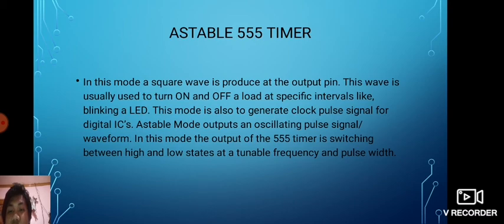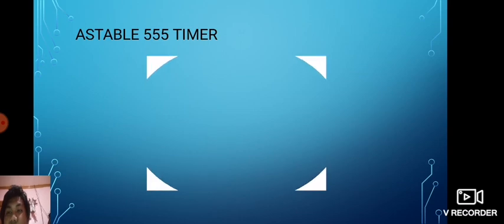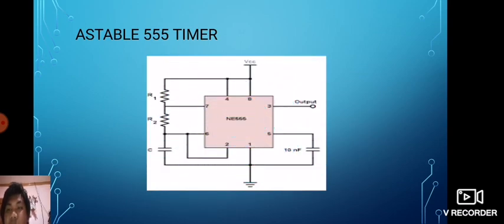This mode is also used to generate clock pulse signals for digital ICs. Astable mode outputs an oscillating pulse signal or waveform. In this mode, the output of the 555 timer is switching between high and low states at a tunable frequency and pulse width. This is an example of an astable 555 timer.